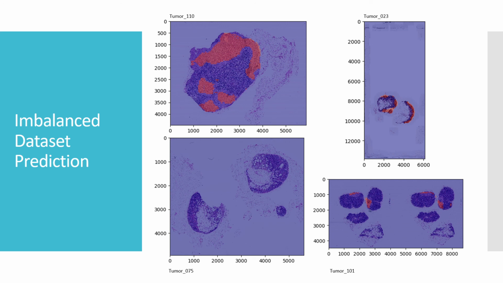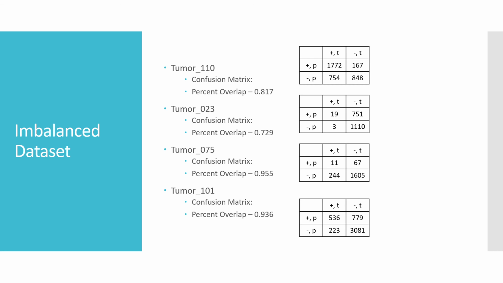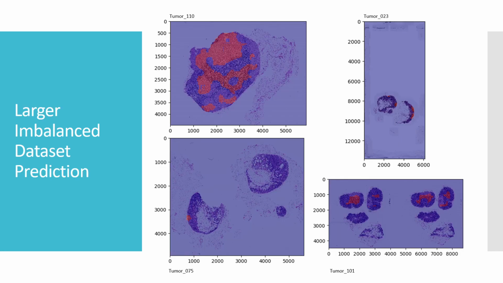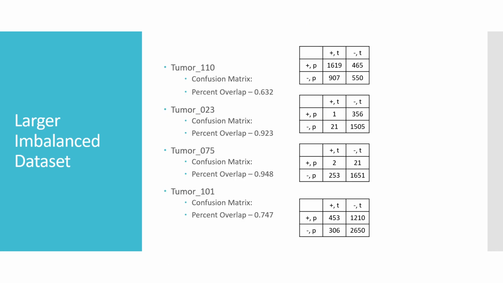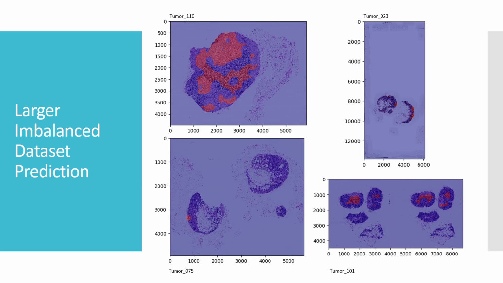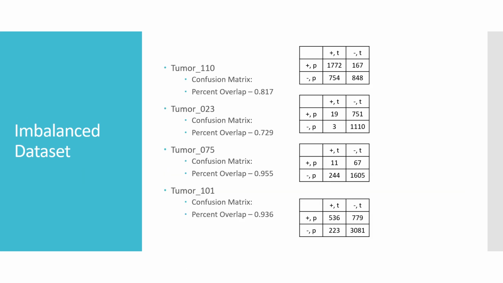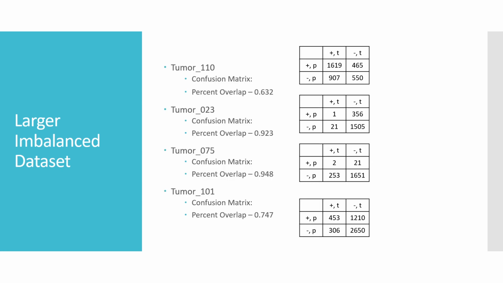So it could be used as kind of a second look, to identify cases that need a second look from a pathologist, but to actually perfectly identify cancerous cells on a slide, I probably wouldn't really trust this.